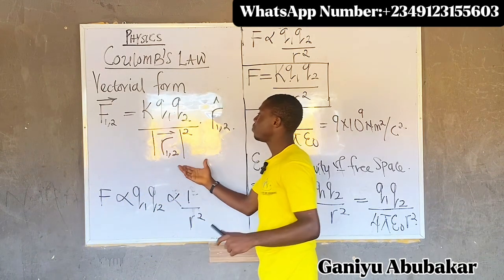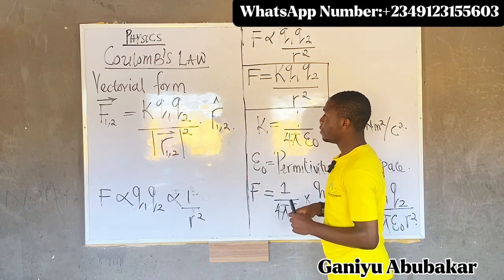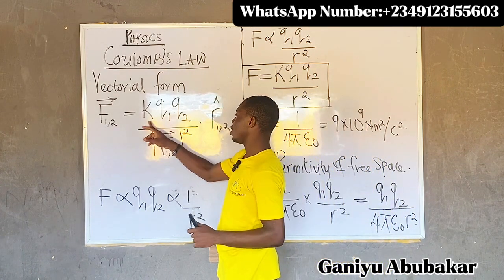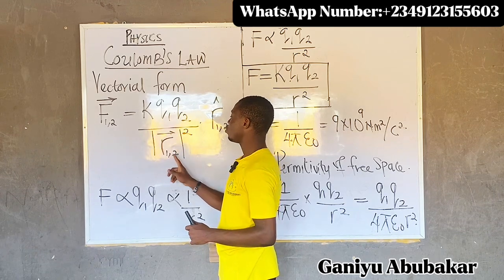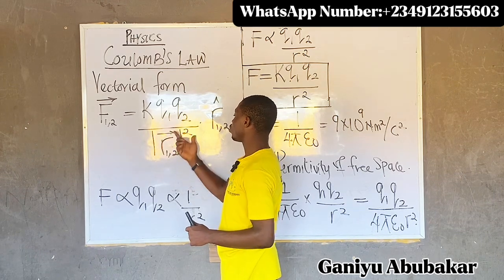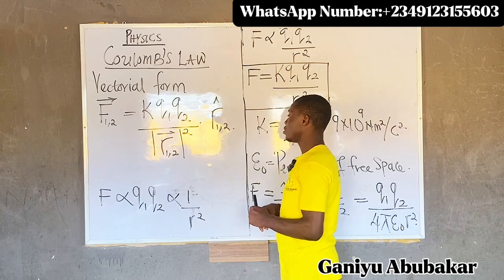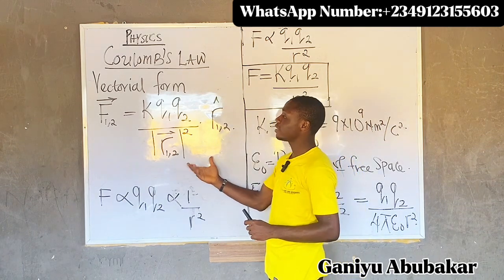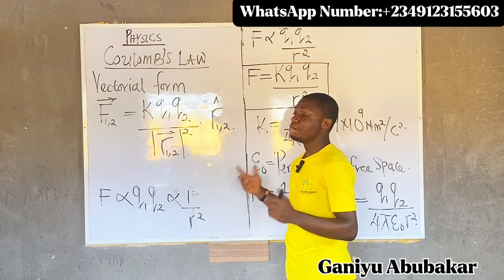This is how you express Coulomb's law in vectorial form.